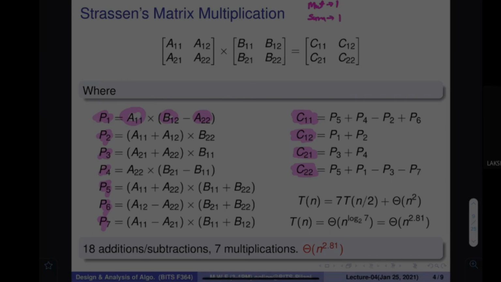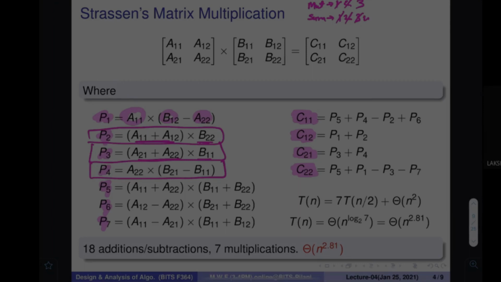In P2, again there is one addition and one multiplication, so it becomes 2 and 2. For P3, again there is a summation term and a multiplication, so one multiplication and one summation. Next, subtraction and addition are actually the same thing. Then you find one multiplication, so 4 and 4.